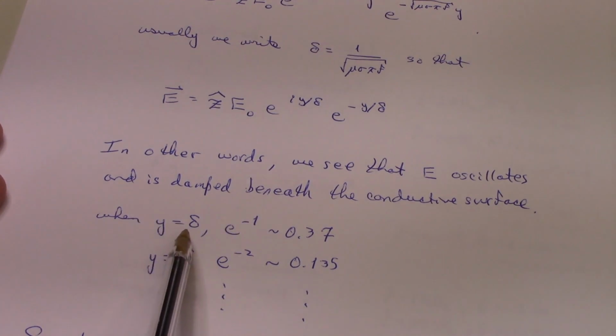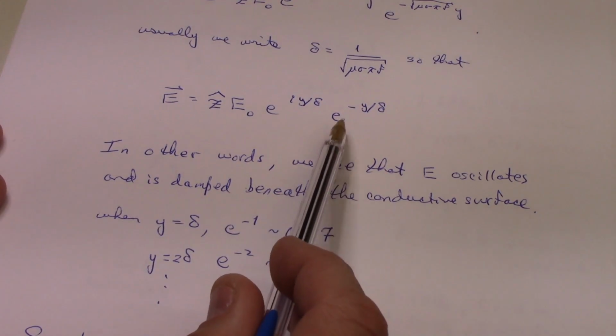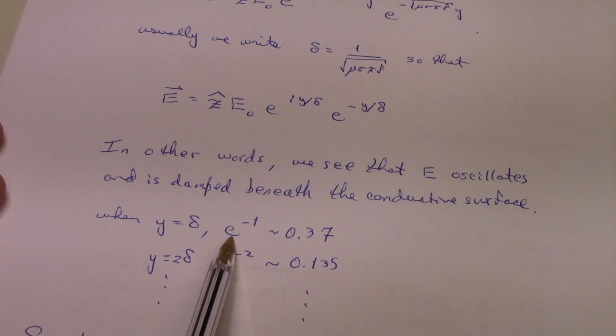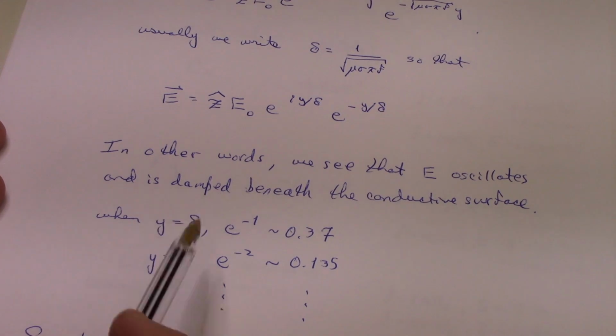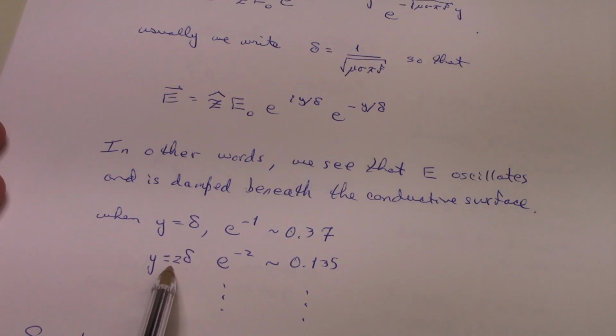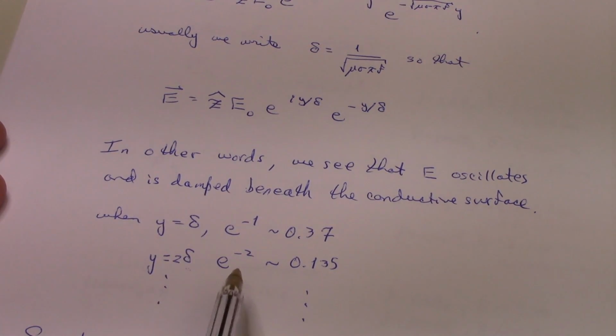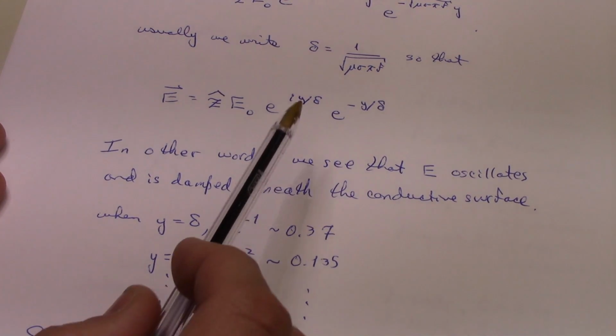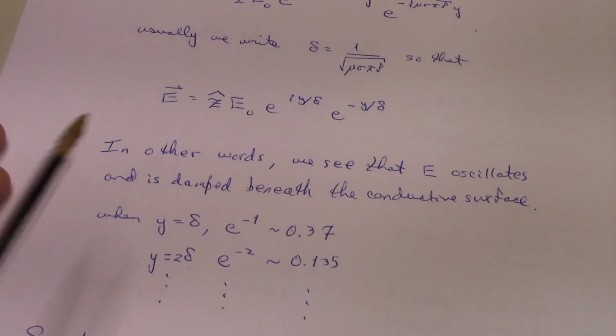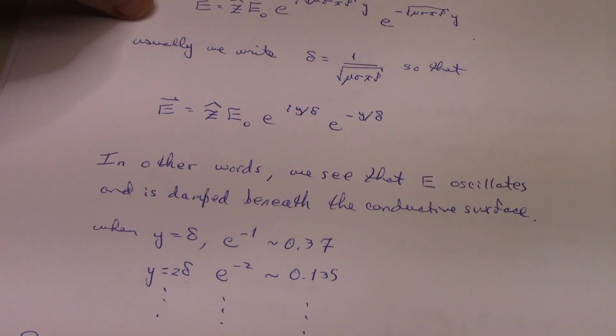So when y is equal to 1 delta, the damping term is e to the minus 1, which is approximately 0.37, or very roughly 1/3. But as you go down another skin depth, 2 delta, it is damped by e to the minus 2, or roughly 1/3 of a third, and so on and so forth. So after a few skin depths, the electric field gets damped out to be very, very small.